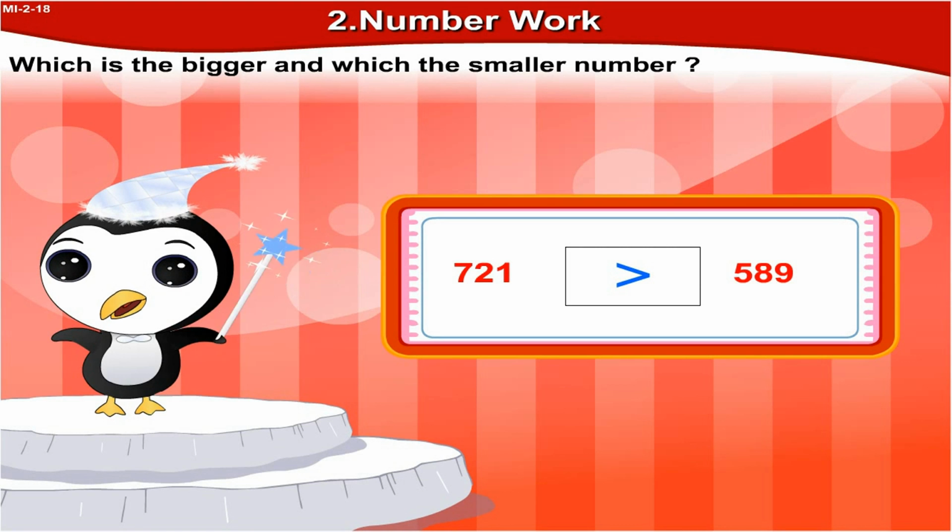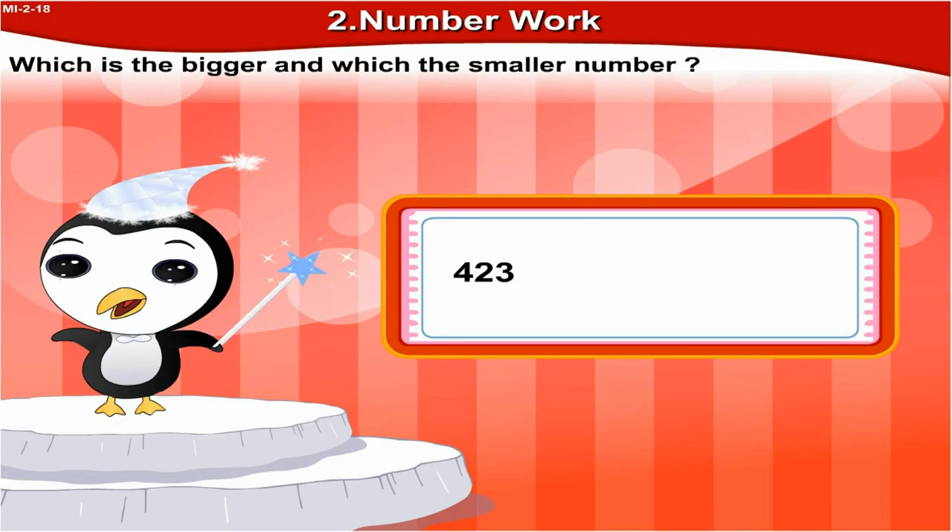Now, let us see the next example. 423, box, 723. Here, 723 is greater than 423. Now, one more example. 600, box, 497. Here 600 is greater than 497. So we can put the bigger sign facing 600.